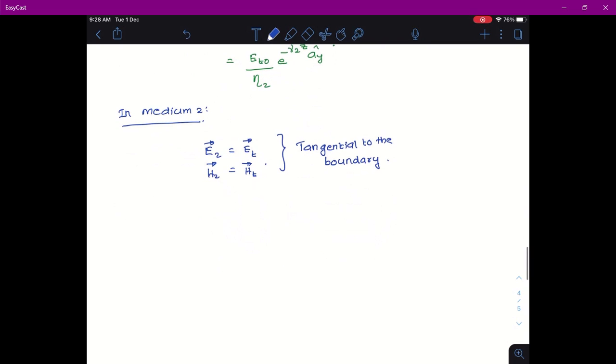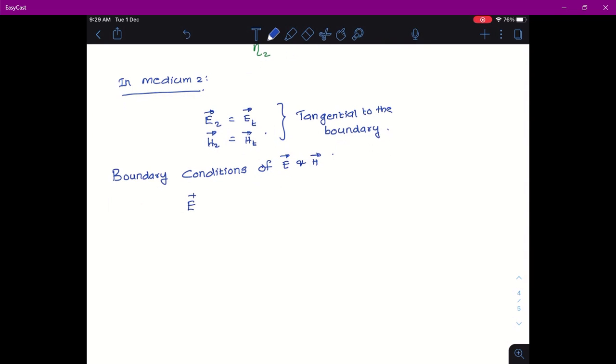Now we apply the boundary conditions of electric and magnetic field. This we have already studied in previous lectures, which states that the tangential component of electric field in the first medium is equal to the tangential component of the electric field in the second medium.